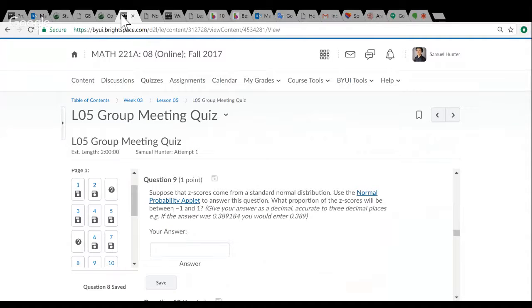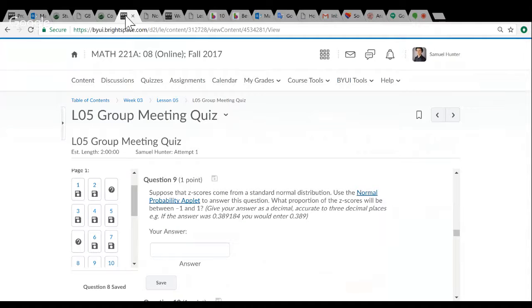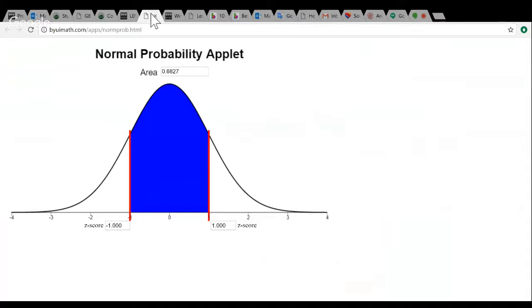Is it the middle? 0.6827. I think that's what it's supposed to be.